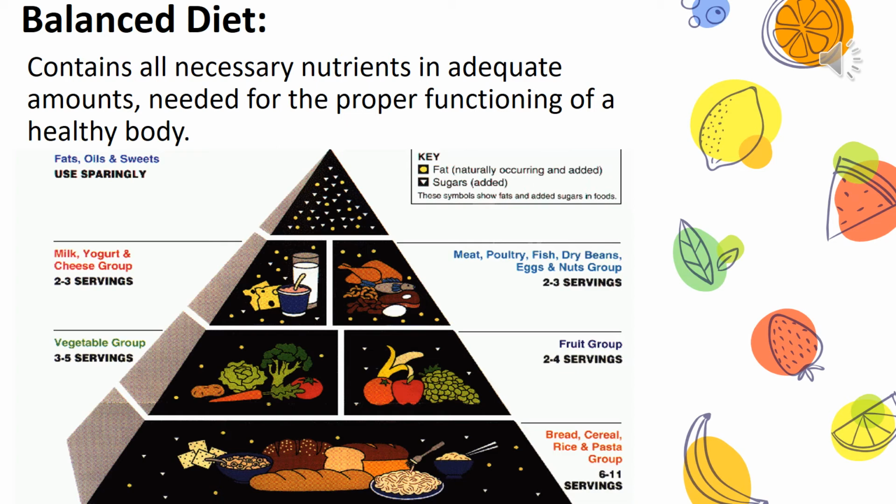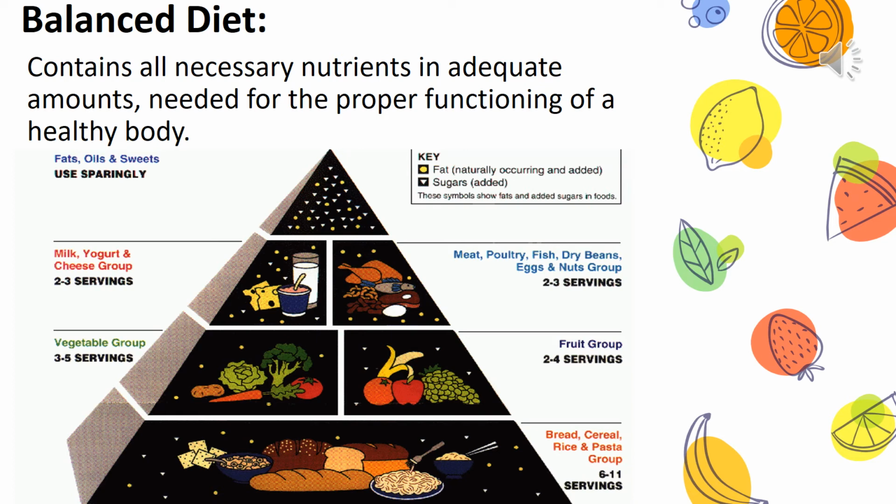Okay, and people suffering from obesity or chronic diseases are often advised to cut down on foods rich in fats and sugar. So, as I said, it differs from person to person according to his age, his occupation, what type of work he is doing, and the special conditions.